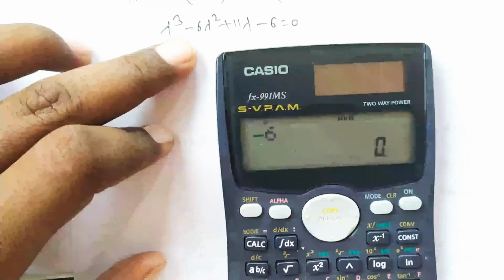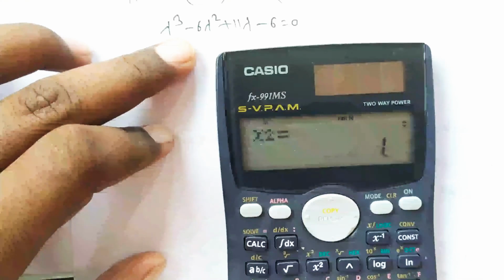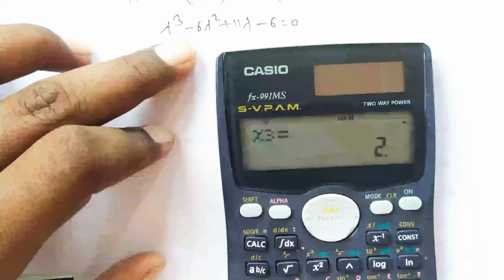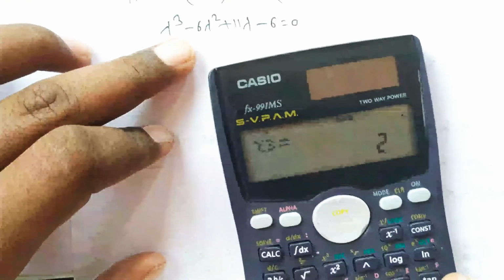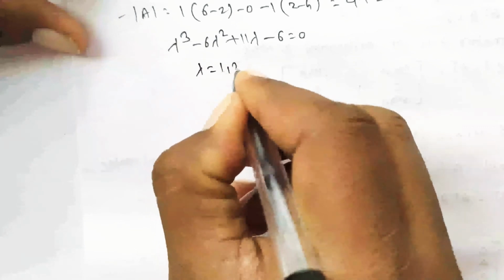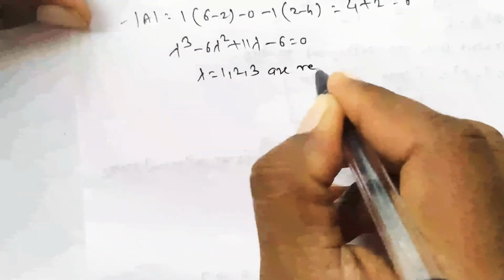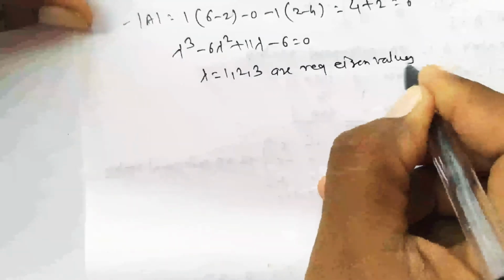Okay, if you press equal here, we get the first root 3, second root 1, and third root 2, meaning 1, 2, 3. So 1, 2, 3 are the roots of this cubic polynomial. So we can write here lambda equal to 1, 2, 3 are the required eigenvalues of the given matrix.